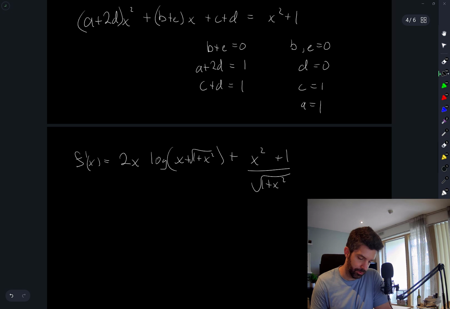Yeah, so this whole thing simplifies to the square root of the thing in the denominator.